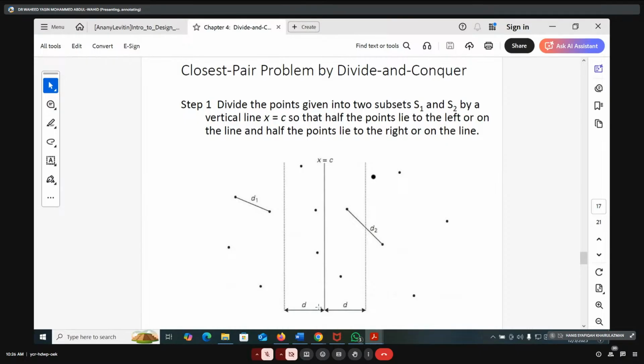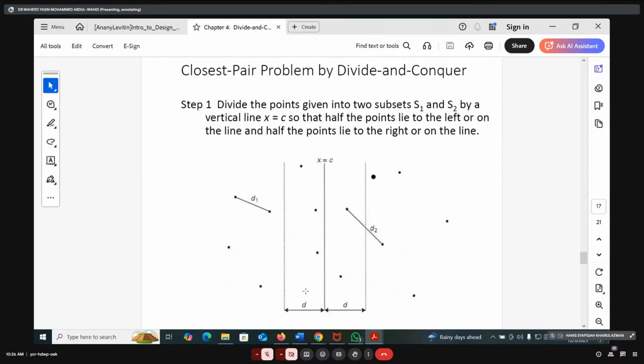Here we have d, and the closest one may be here. The height is d and the length is 2d, and we have to check whether we have points in this box.